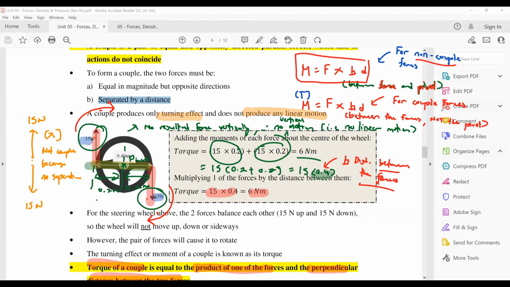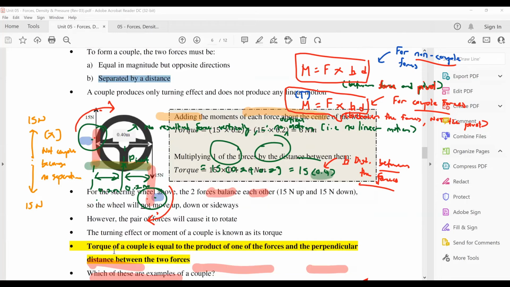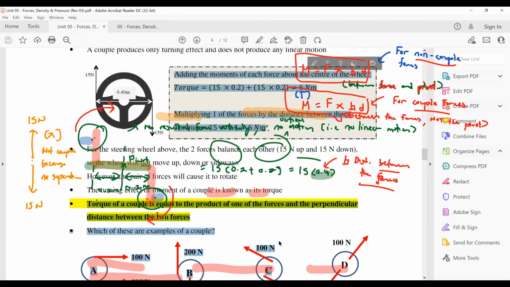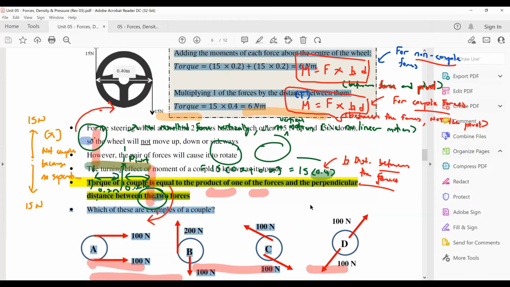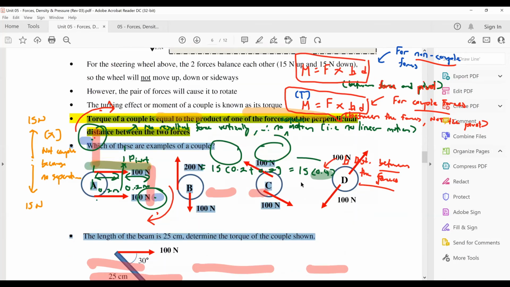But if it is a couple force, again, it is force times perpendicular distance, but that distance will be between the forces themselves, not the pivot. So torque of a couple is just the product of force and perpendicular distance between the forces. That one is something that you just need to know for now.